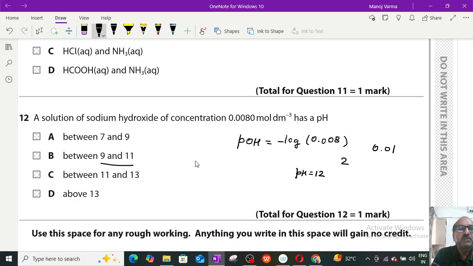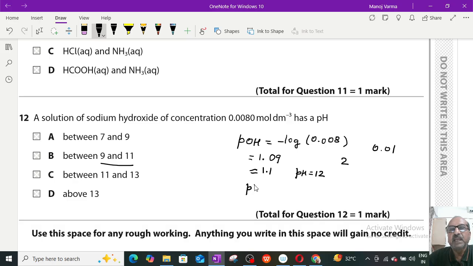So we'll take a negative log of 0.08, which is equal to 1.09, which is roughly 1.1.